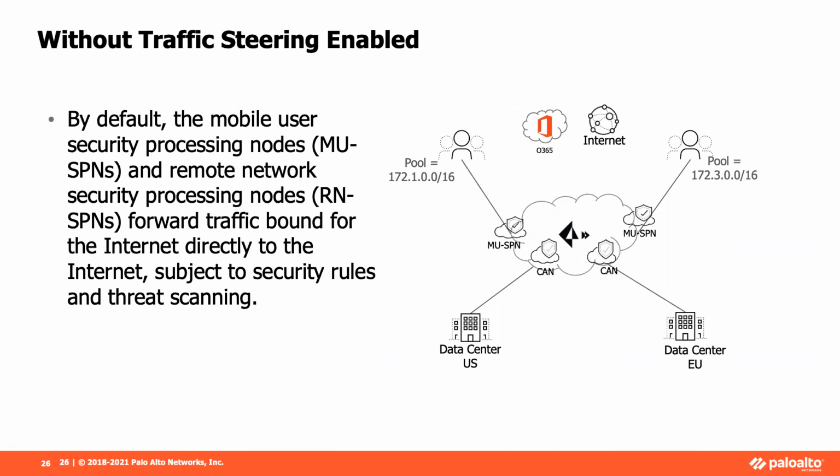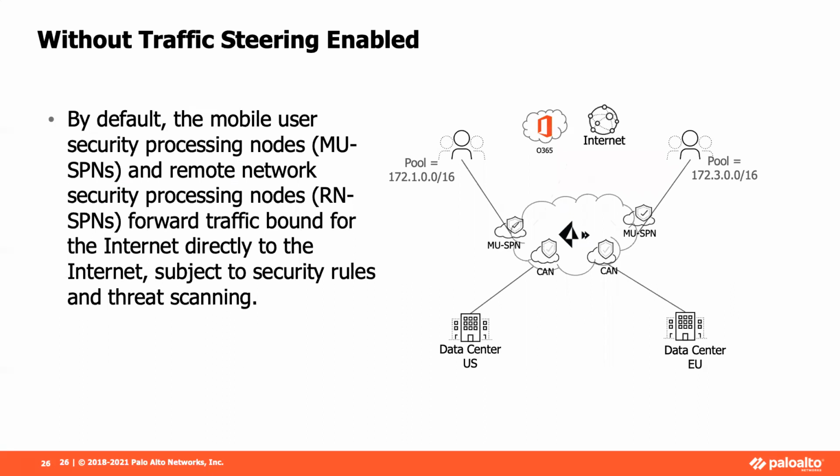So a use case of this, if I had a mobile user that needed to get out to the internet, they would typically bounce through Prisma Access, go straight out to the internet. Maybe I have some sort of application that I want to go in a different direction.